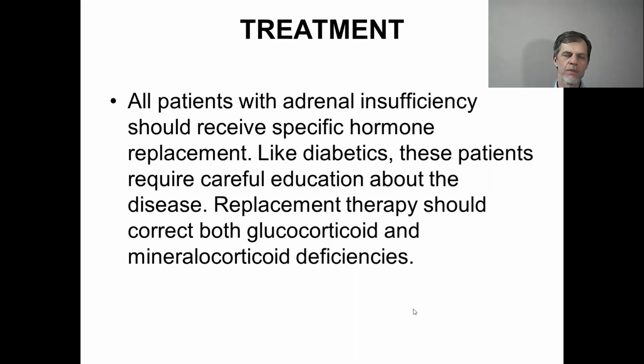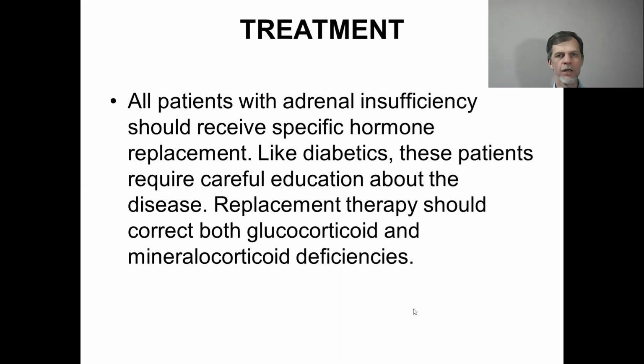What about treatment? Fortunately, now we know how to treat such patients. Fortunately, we know how to treat patients with aldosterone deficiency. All patients with adrenal insufficiency should receive specific hormone replacement, the same as for diabetic patients.